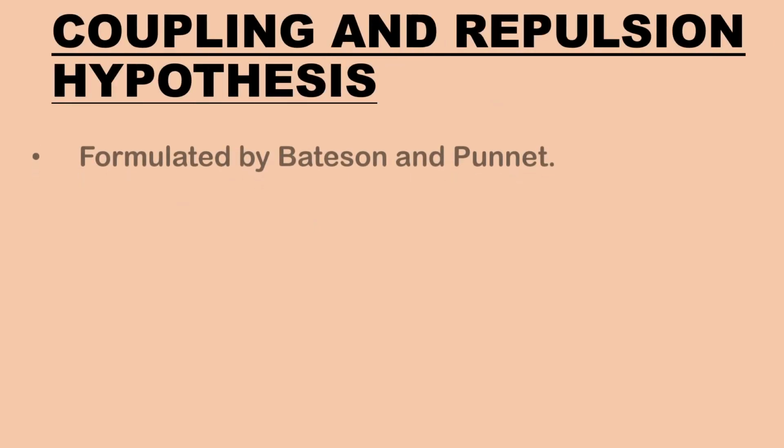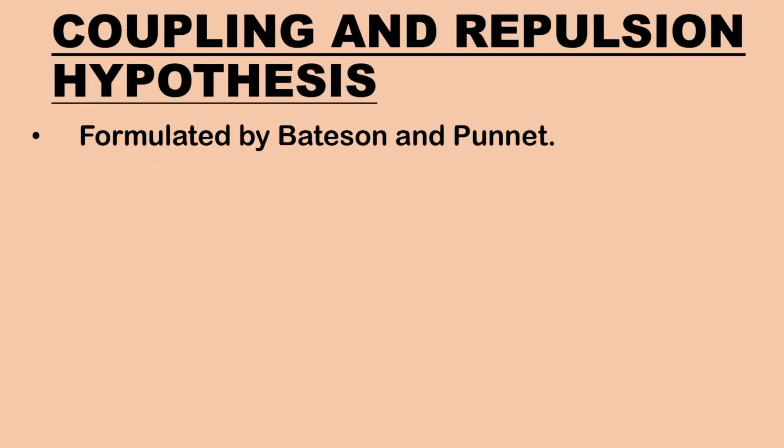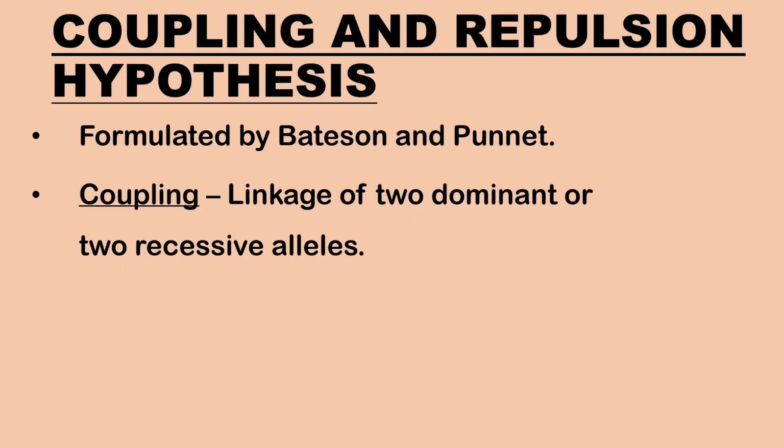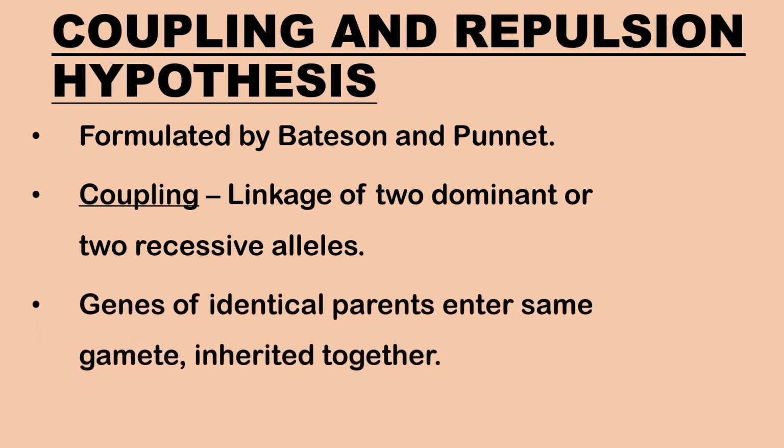Coupling and repulsion hypothesis was formulated by Bateson and Punnett. Coupling is the linkage of two dominant, two recessive alleles. The genes of identical parents enter the same gamete and are inherited together.